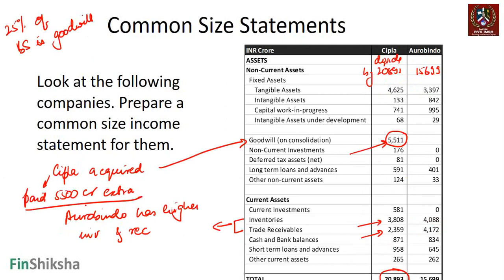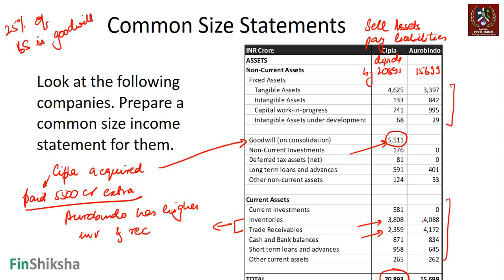Now think about it. If the company closes the business today, they will sell assets to pay liabilities, correct? Now in the case of Aurobindo, all the assets are basically tangible assets. You know what those are.